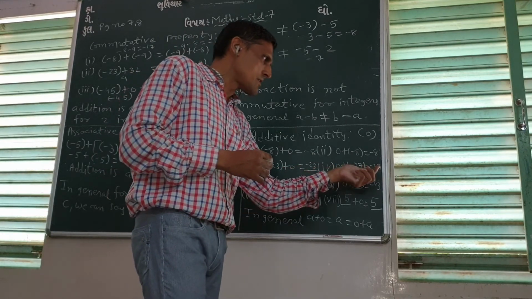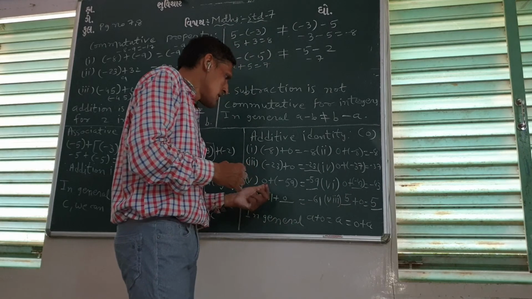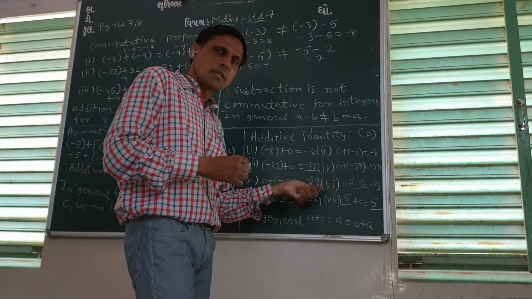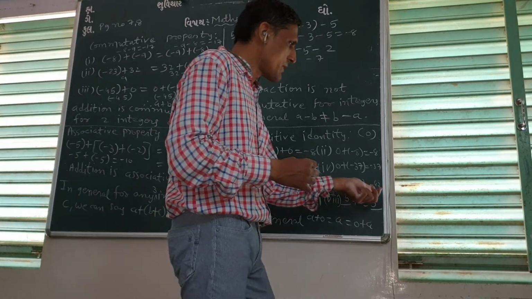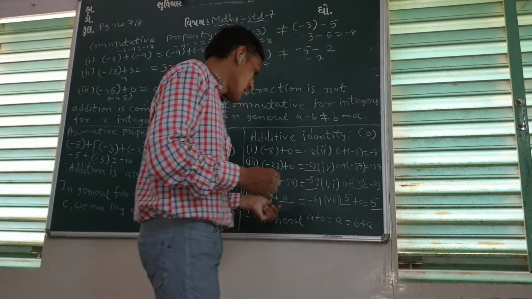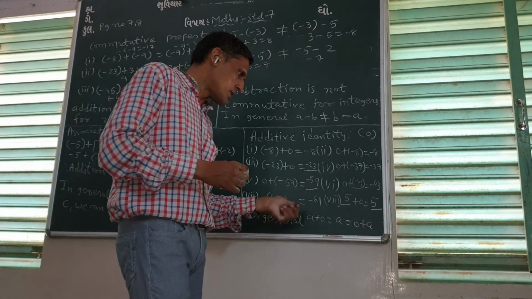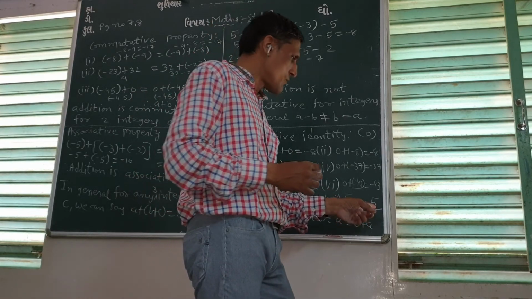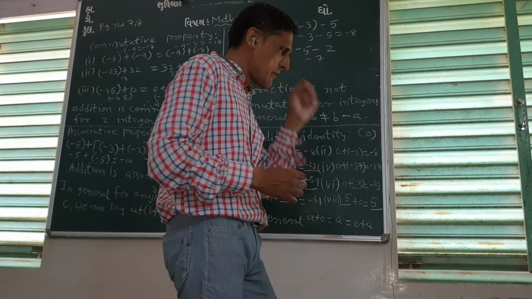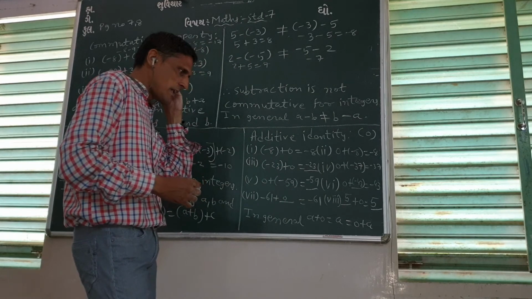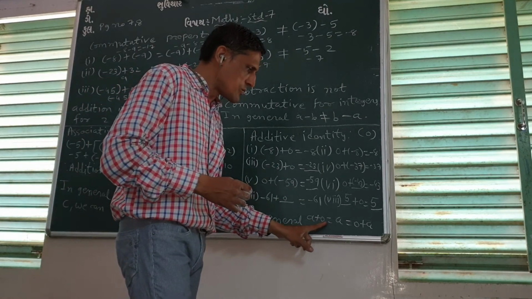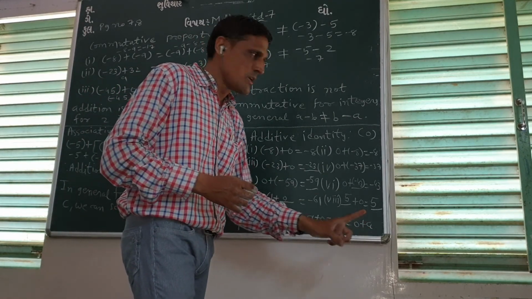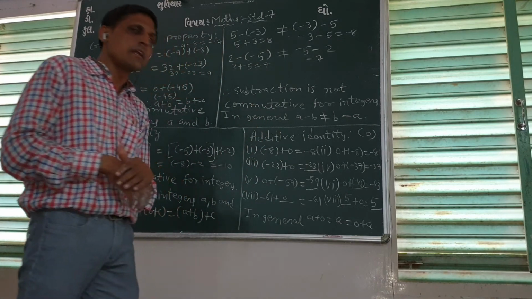Then 0 plus -37 is -37. 0 plus -59 is -59. 0 plus -43 is -43, right? Then -61 plus 0 is -61. Then 5 plus 0 is equal to 5, right? In general, we write a plus 0 is equal to a, which is equal to 0 plus a. So 0 is called additive identity.